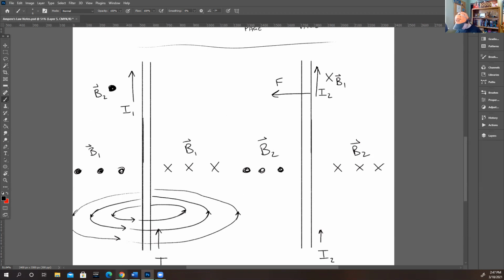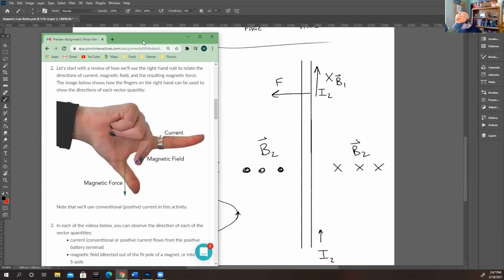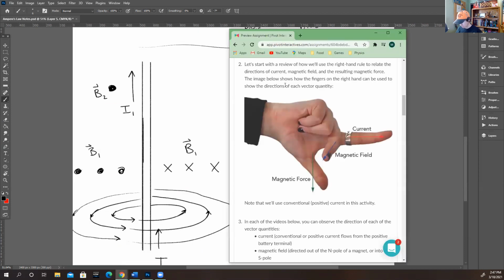Let me pull the thing up. So I'm covering that wire specifically so I don't look at it. Its own current is flowing up and it's moving through this field produced by wire 2. So current is up, magnetic field is towards me, so my thumb is pointing to the right.